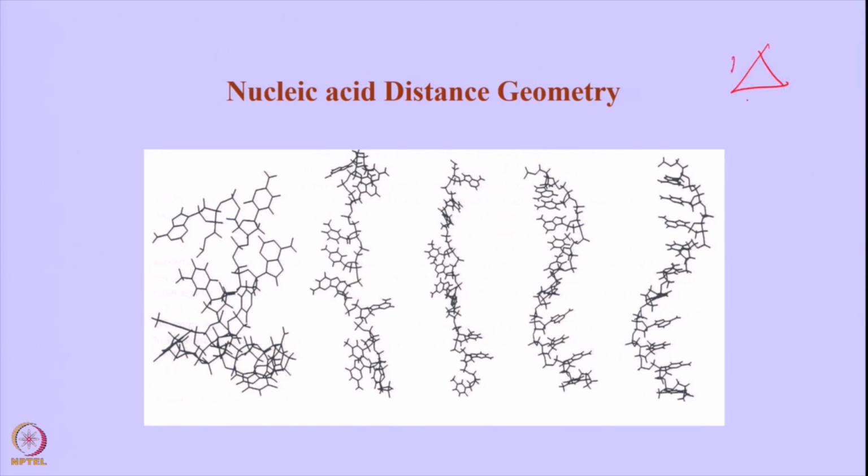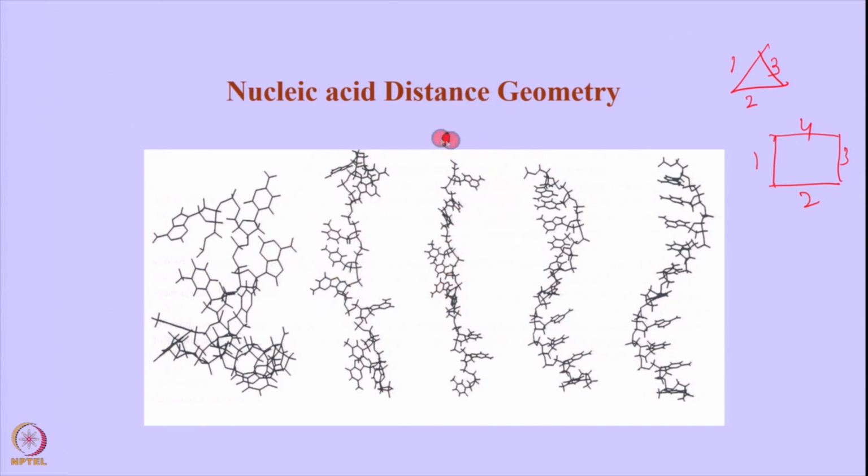I have one distance here, another distance there, and the third distance there. If I define the 3 distances, then this triangle is uniquely defined. If I have a quadrilateral, then I have 4 distances: 1, 2, 3, 4. If I define the 4 distances, the quadrilateral is uniquely defined. In the same manner, to define the structure of the entire molecule, I must have a certain number of distances which will define the structure of the molecule.